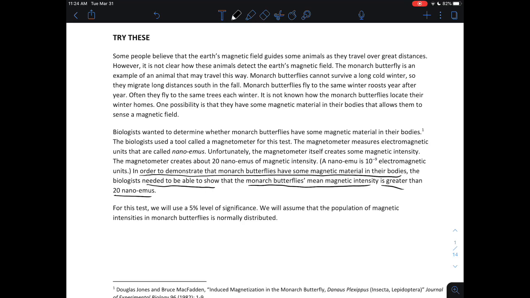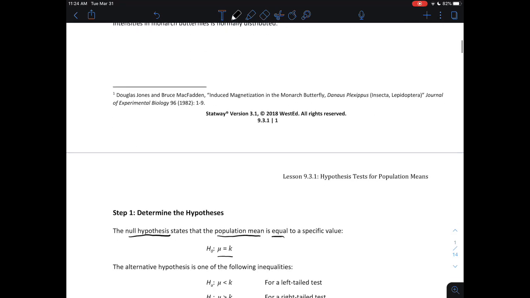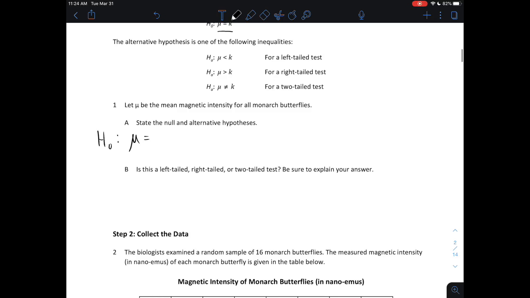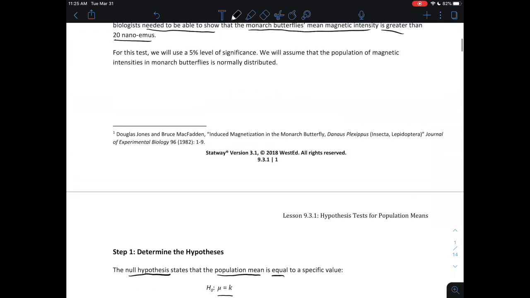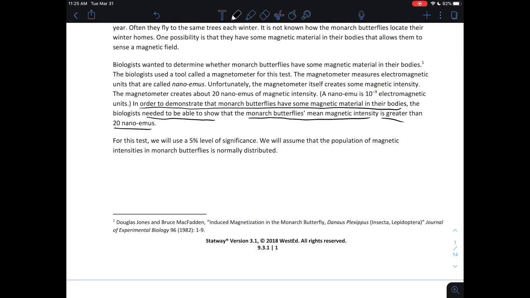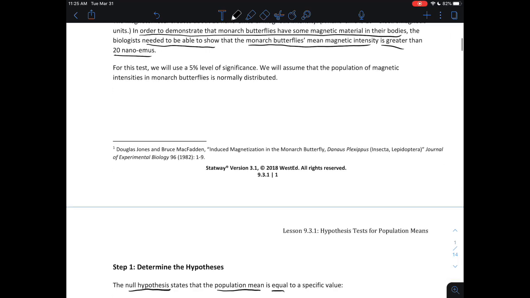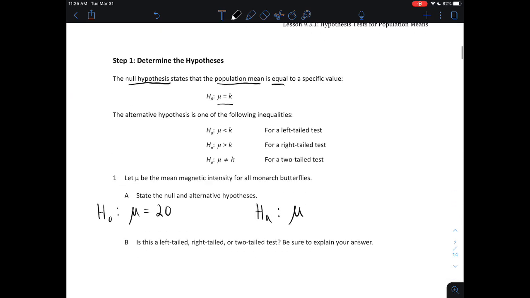So we are comparing the mean magnetic intensity to 20. That becomes the constant that we're using in our hypotheses. So the null hypothesis would be that the mean is equal to 20 nanoemus, and the alternative, H A colon mu, they are trying to show that the magnetic intensity is greater than 20, so we would use greater than 20.